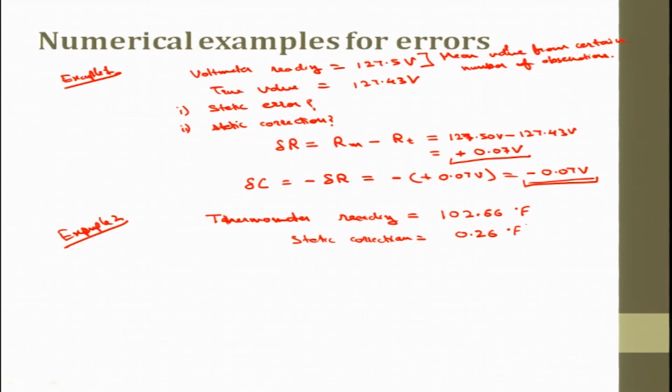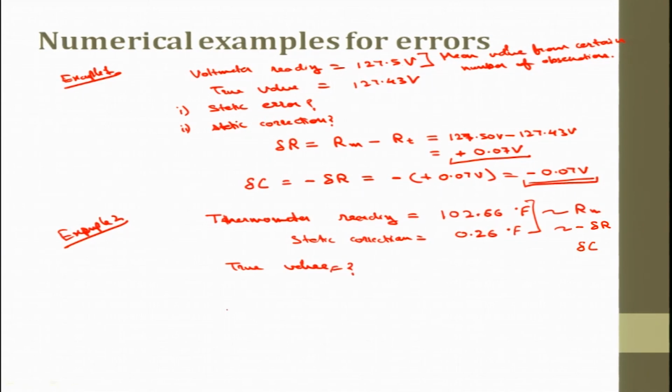So we need to find the true value. Okay, so what we have, this is our thermometer reading, which is equal to Rm, this is equal to delta R. So we can find the true value as that is equal to question mark.